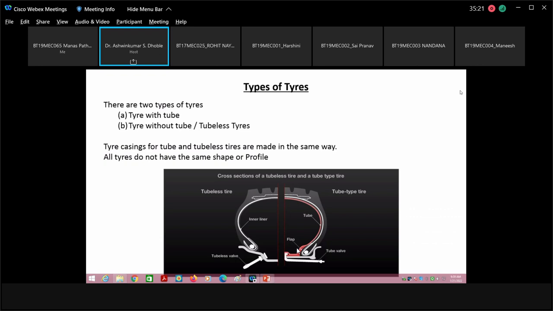Whereas how can we avoid the punctures? Ameya, whatever you are saying, how can you justify that punctures are avoided? How to justify your statement? It is partially true, it is not fully true.